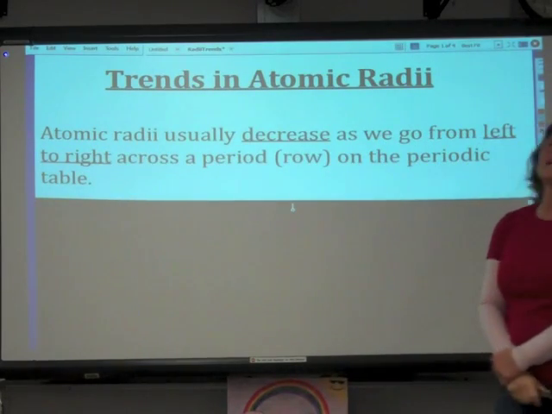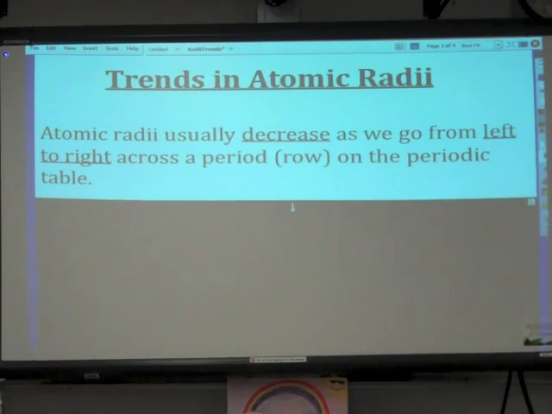Atomic radii in general usually decrease as we go from left to right across a period, or row, on the periodic table. So what we're looking at here, you guys, is patterns. Patterns in radii, repeating patterns that we see on the periodic table.